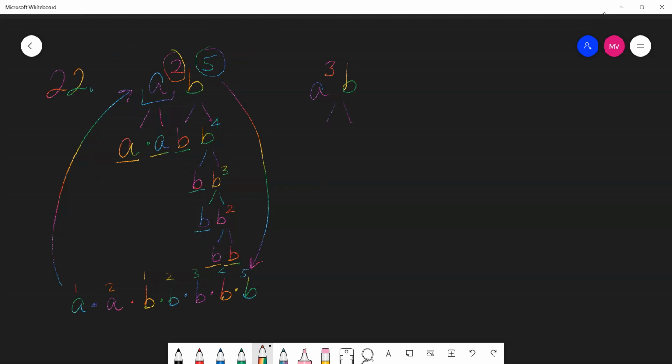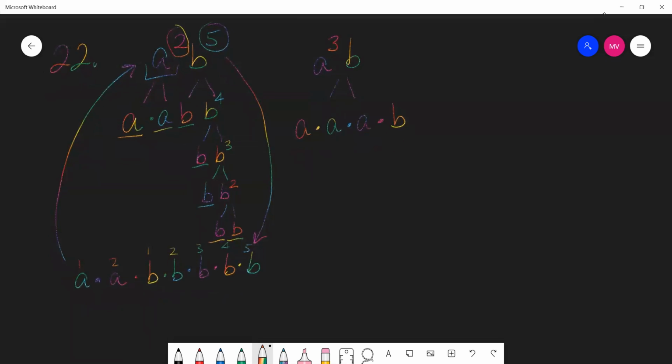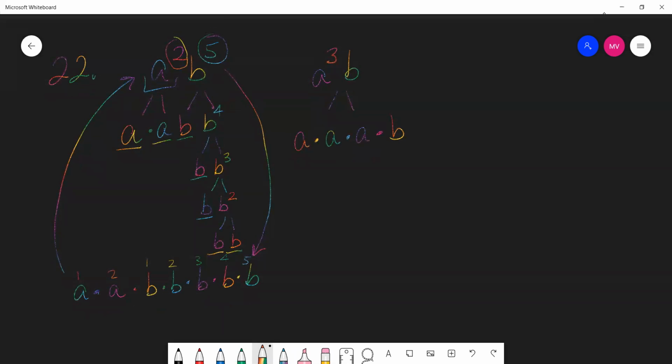Okay, so let's go ahead and break down the prime here. I'm going to do it like I normally would, like I did it in class yesterday. This is just a times a. There's 3 a's times b, just 1 b. Set that up exactly like we did when we were working with integers.